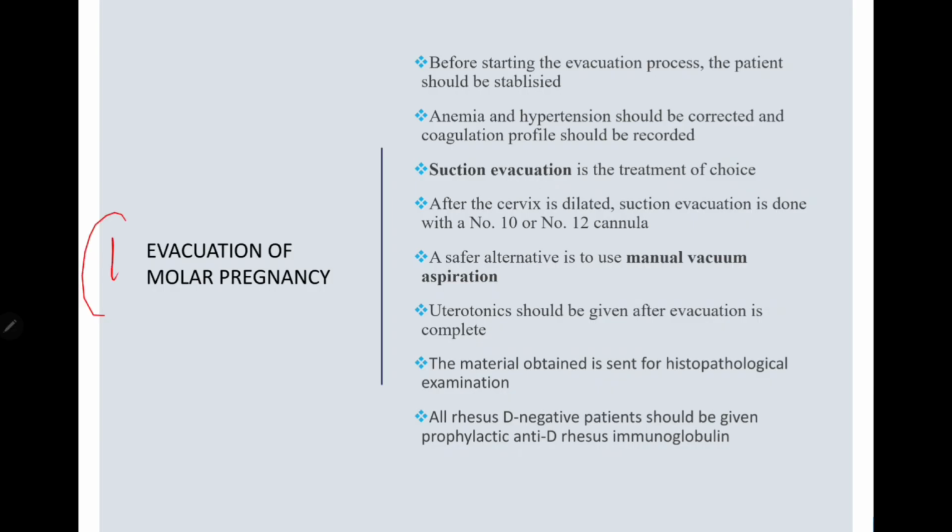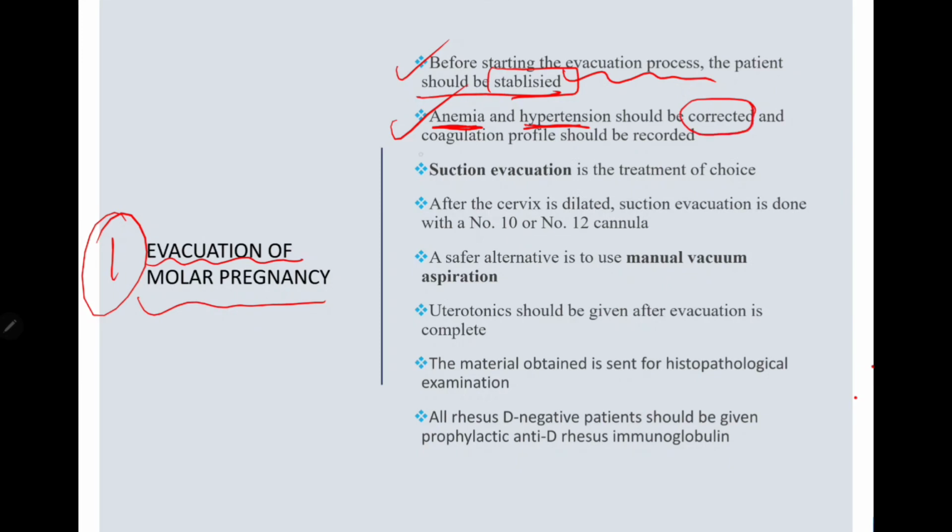Now let's do the first one, immediate evacuation of molar pregnancy. So how are we going to do this? Before starting the evacuation process, the patient should be stabilized. That is very important. Anemia and hypertension should definitely be corrected, and the coagulation profile should be recorded.